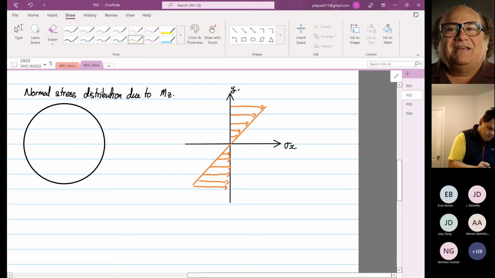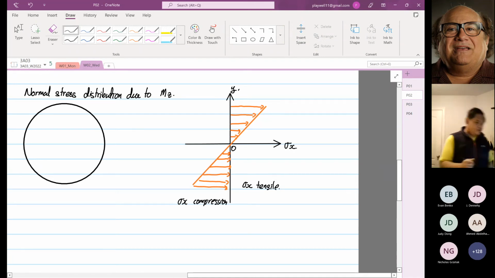Later on in this class, I will teach you more. Anything at the center is 0. Anything on the right-hand side, stress x is tensile. Anything on the left-hand side, stress x is compression. And anything on the neutral axis is equal to 0.